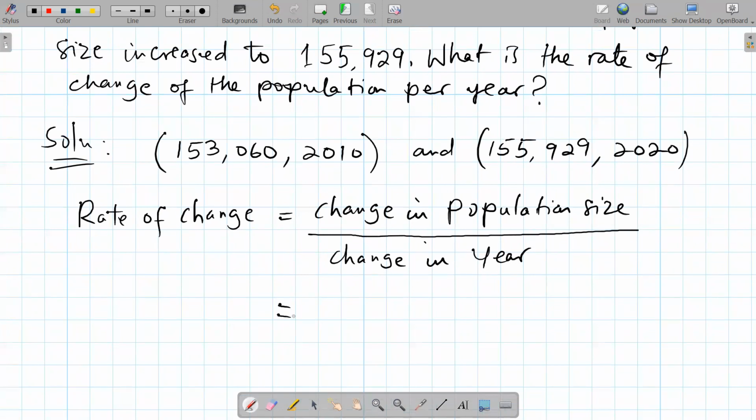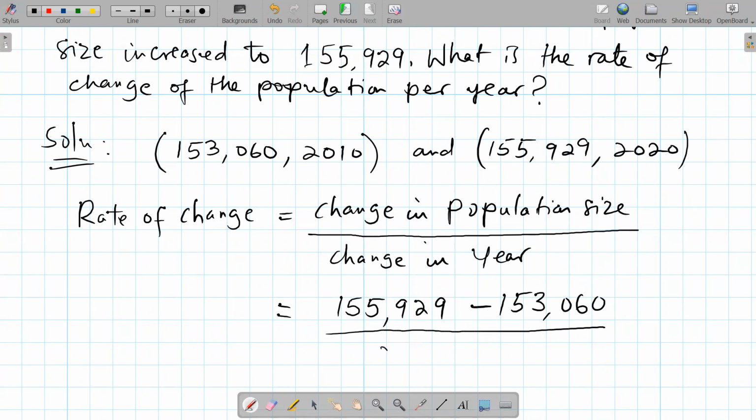So the change is just going to be 155,929 minus 153,060 divided by 2020 minus 2010.